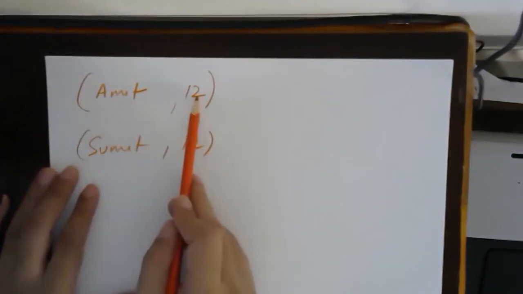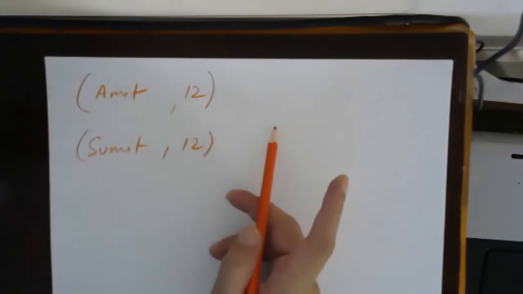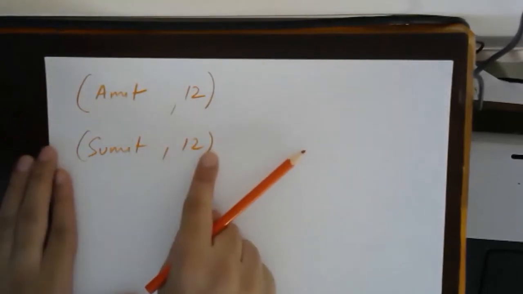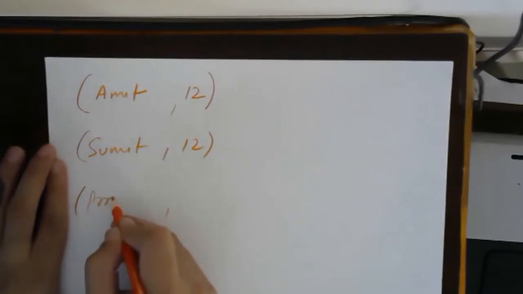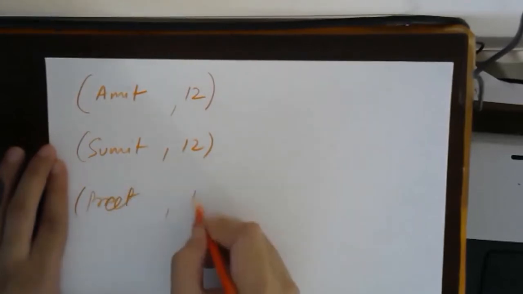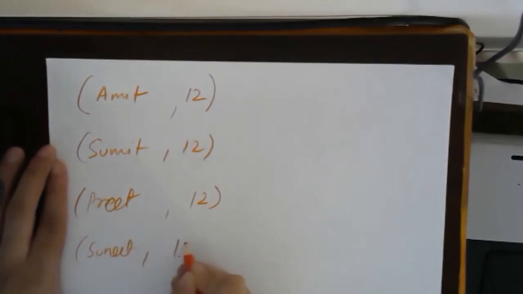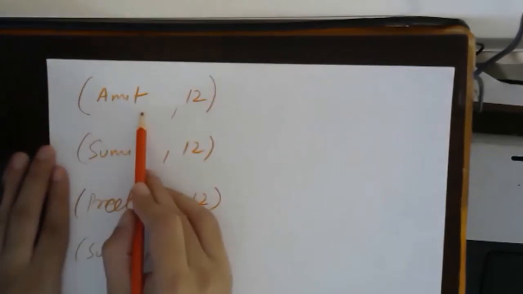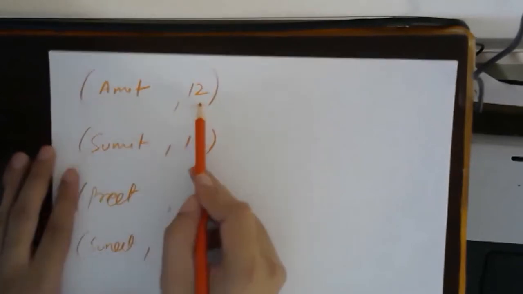I have given an instruction that always write the name first and the class of the student afterwards. Suppose Preet is from 12th class, or Suneet is from 11th class. So whenever I'm representing, I will write the name first and the class second.